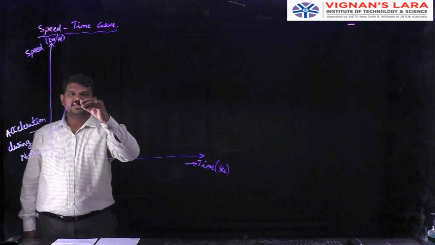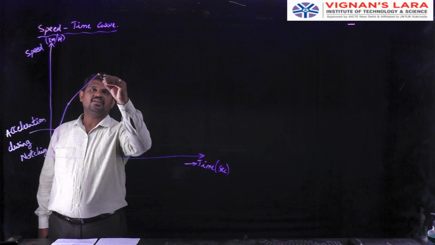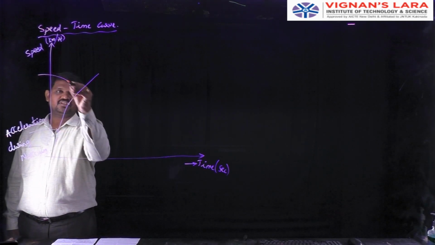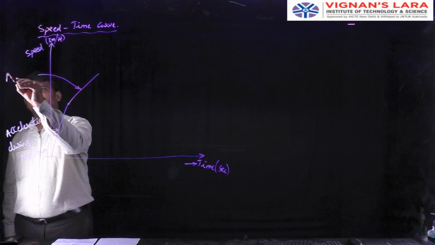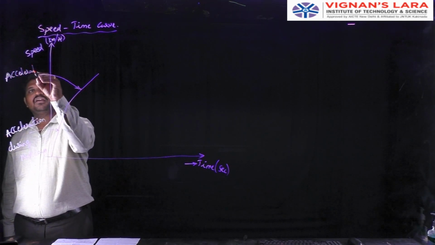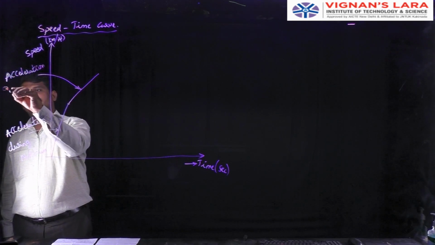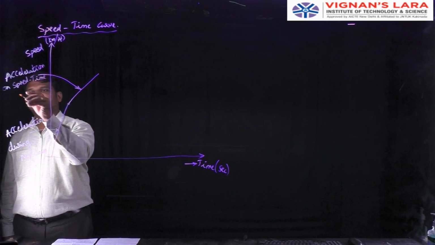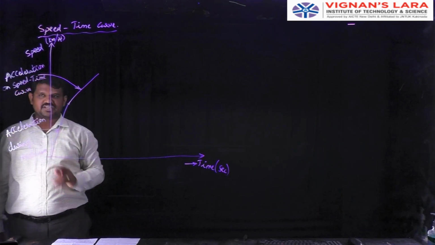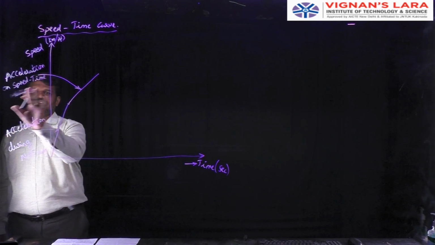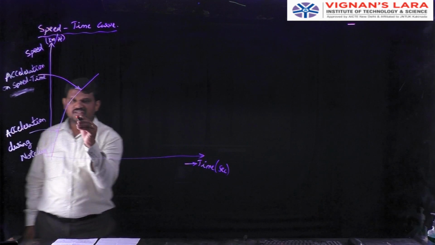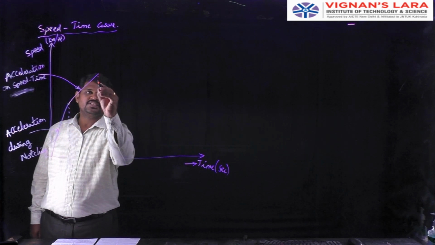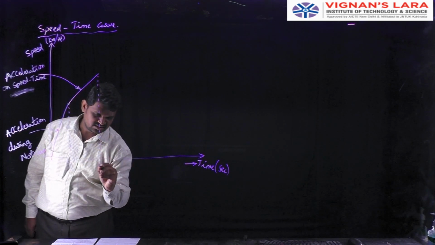The next one is the acceleration on the speed time curve. This period is called the T1 period. This period is called the T2 period.